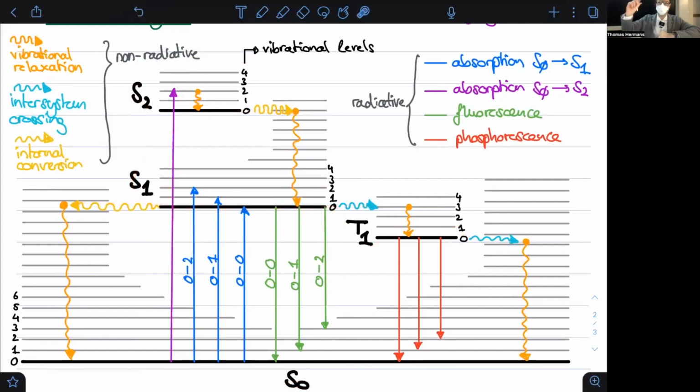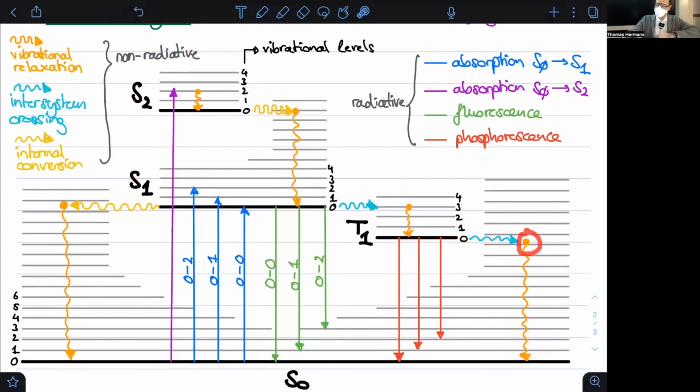So the electron needs to flip, it's unfavorable. Flipping a spin is energetically unfavorable, and therefore it's quite slow, okay? So that's intersystem crossing. Here we have another one where we go from T1 to S0, right? That goes through intersystem crossing.